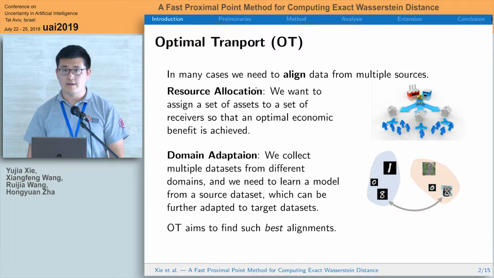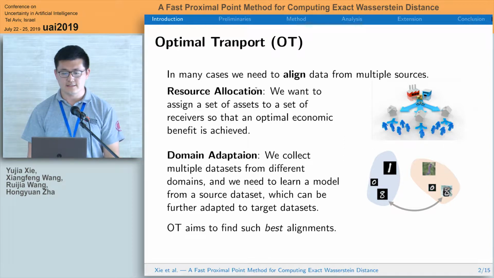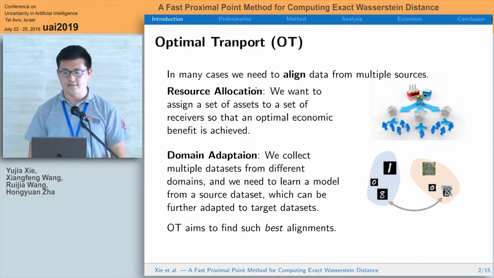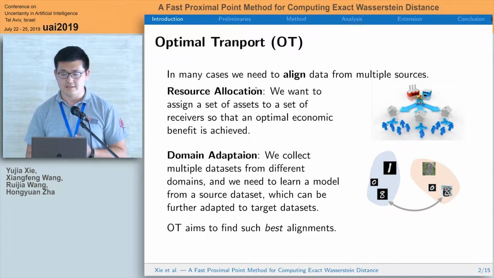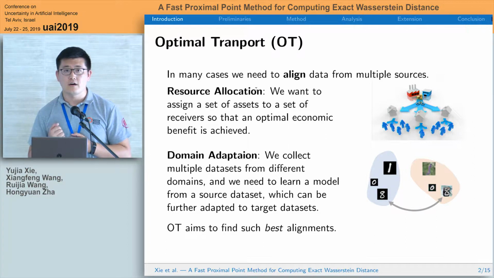For example, in resource allocation, we want to assign a set of suppliers to a set of receivers so that optimal economic benefits can be achieved. Also, in domain adaptation in data science, we collect multiple data sets from different domains, and we need to learn a model from a source data set, which can further be adapted to target data sets. So the main concern of optimal transport is to find such best alignments.